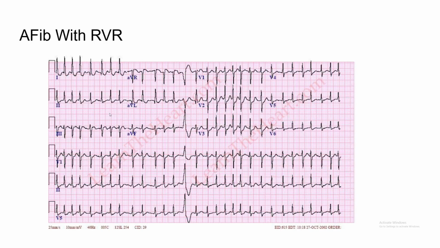The QT isn't prolonged or anything because this is rapid. The QT looks fine. And I see a PVC here, but that's about it. And this is definitely AFib. It's narrow complex, it's irregular, and there's no P waves. So this is AFib RVR in a nutshell with a rate of about 160.